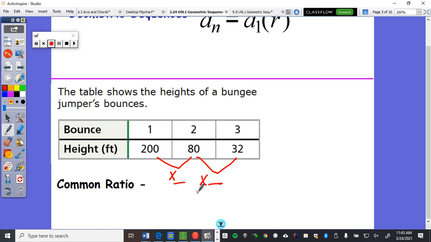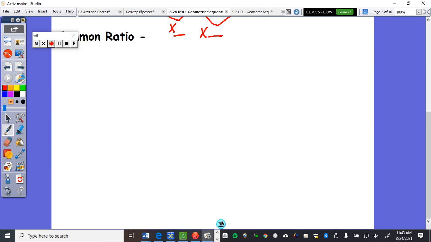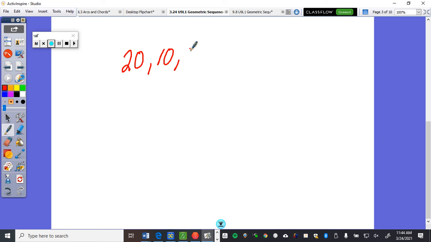That's kind of a hard thing to think about, because if I'm multiplying by something, how is my number getting smaller? Let's just do 20, 10, 5.